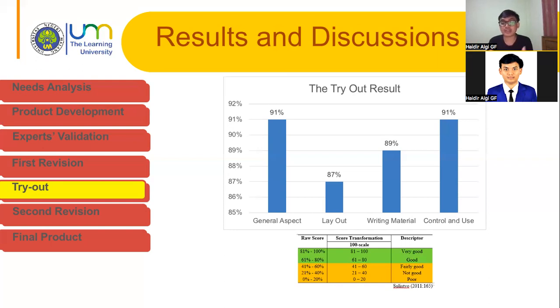I believe that 20 is pretty ideal and enough to represent one class of each, because I've seen previous studies that created and developed similar websites and Android applications. They only used 16 or 18 students for the product tryout. So I think 20 is already enough, sir, in my opinion. Thank you very much.